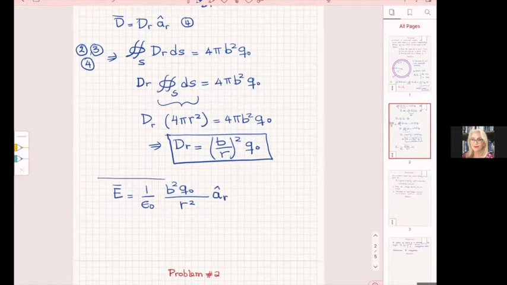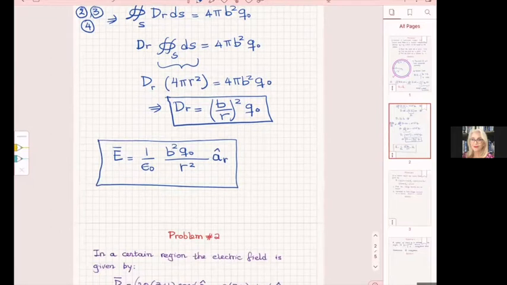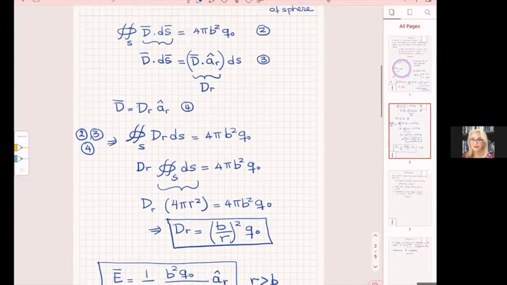Okay, so outside of the surface for r larger than b, the electric field always varies as 1 over r squared. Okay, now we found that.